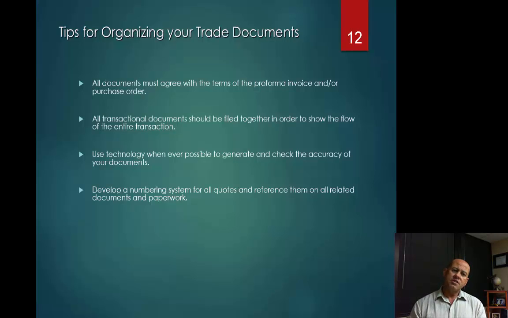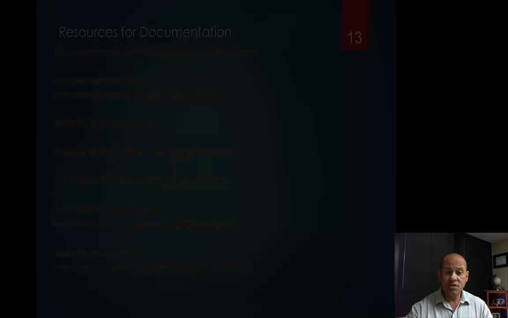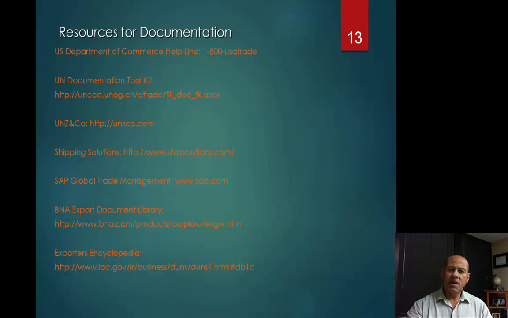It's also important to relate your quotes to your international transactions. In other words, develop a numbering system, either within your document software system or even on paper, that will provide a single reference for all of your trade documentation. So that's a very important aspect.